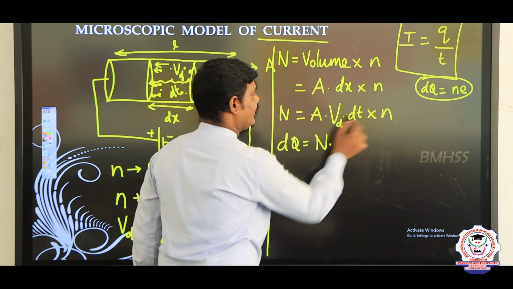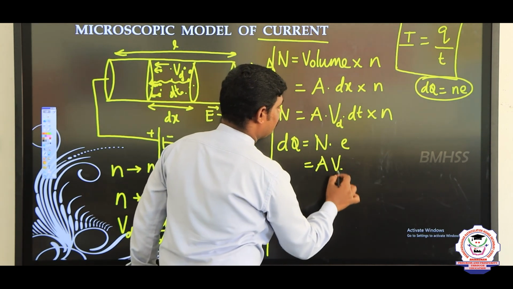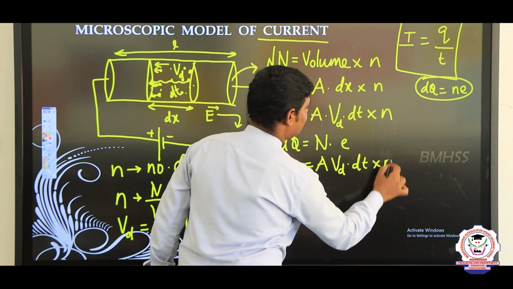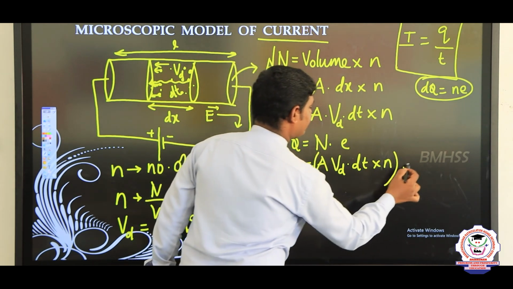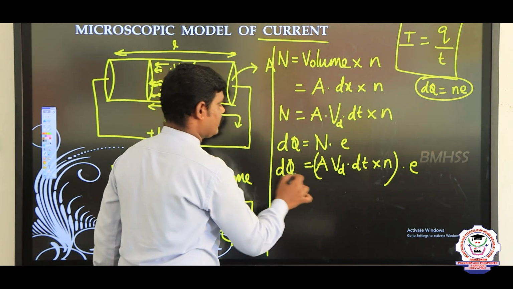Here N is given. So substitute: A into Vd into dt into n into e. This is nothing but dq.